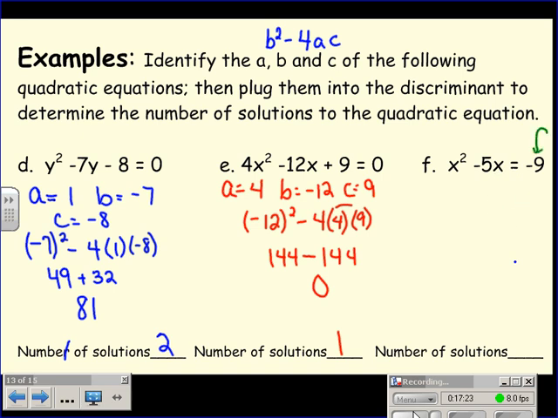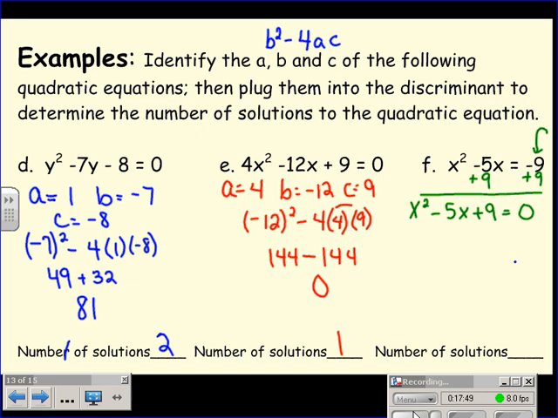My c is on the right side of the equal sign, so I'm going to need to move that over before I can even get started. So we're going to back up just a second, and we need to add 9 to both sides so we can get that negative 9 over. So I will have x squared minus 5x, because I cannot add negative 9 to 5x, and that would be plus 9 is equal to 0.